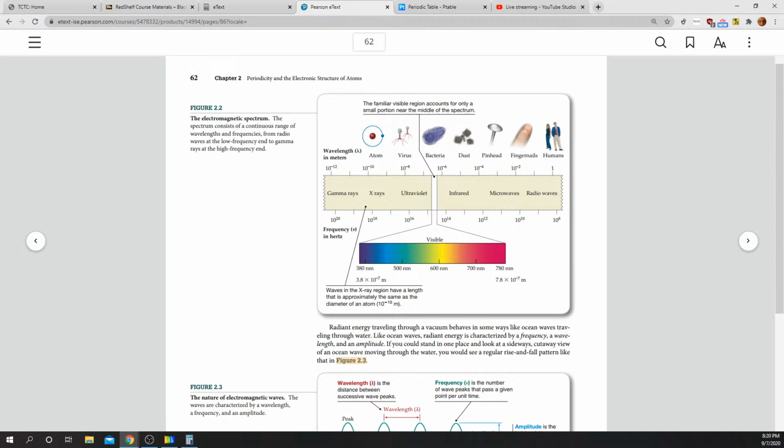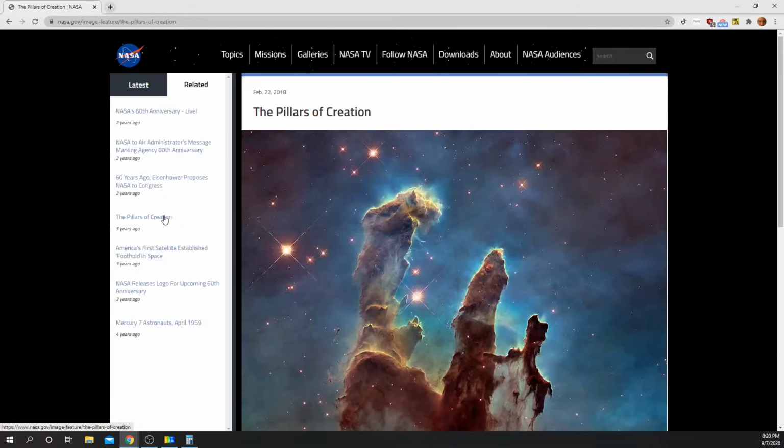All right. So this 100 times 10 to the negative 7th is going to be somewhere here in the ultraviolet. It completely covers the visible spectrum and then goes a little bit into the infrared. One of the most famous pictures that we have is from the Hubble Space Telescope. It is called the Pillars of Creation, and I believe that it was taken in the infrared spectrum. Let's bring that picture up real quick.